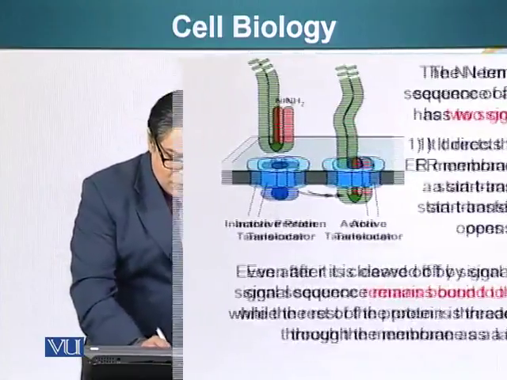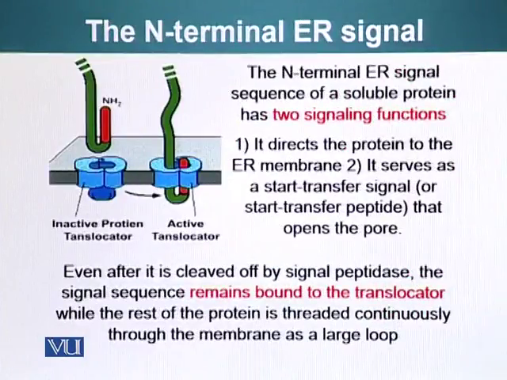So let's start. First of all, we are going to talk about how the N-terminal sequence on the proteins is responsible for injection of proteins into the lumen of ER. The N-terminal ER signal sequence of soluble proteins has two functions. As we have talked about, it directs the protein to the ER membrane.